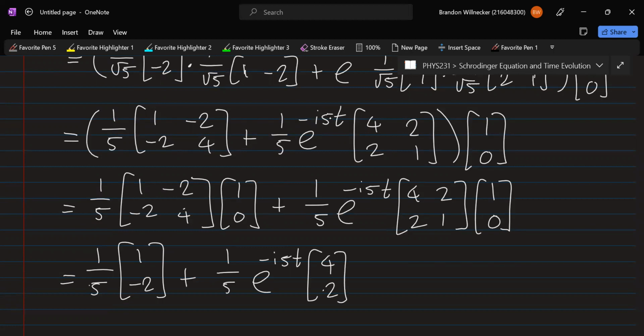Okay, so we'll just leave it like this for now. That's fine. We could add this together, but then the components get a bit complicated with this exponential here. So we'll leave it like this and refer to it later. But this is the general idea of what we need to do.